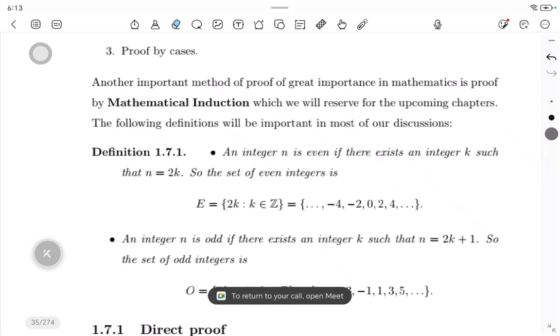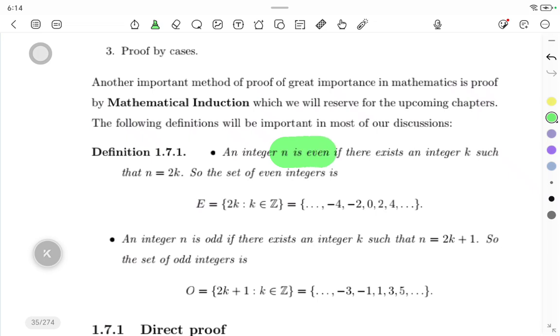Yeah, so when we come here, we are given these definitions, right? The first definition, they say we should pay attention to this definition. This is what we're going to be using most of the time. They say that definition 1.7.1, an integer n is even if there exists an integer k such that n is equal to 2k.